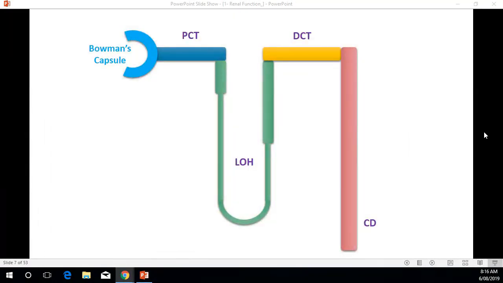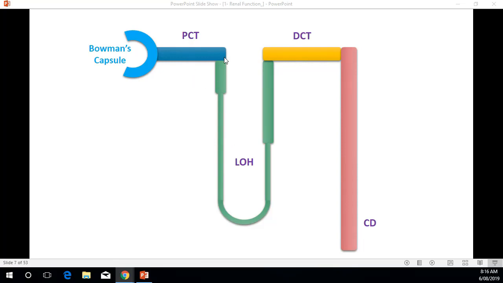Now, another diagram that I just wanted to show you, the basic structure of the nephron before I go into the details. This is Bowman's capsule where filtration will take place. After filtration, the filtrate will travel through the tubules. Now, there are different parts of the tubules and they are named accordingly. The first one is called the proximal tubule or proximal convoluted tubule. Okay.